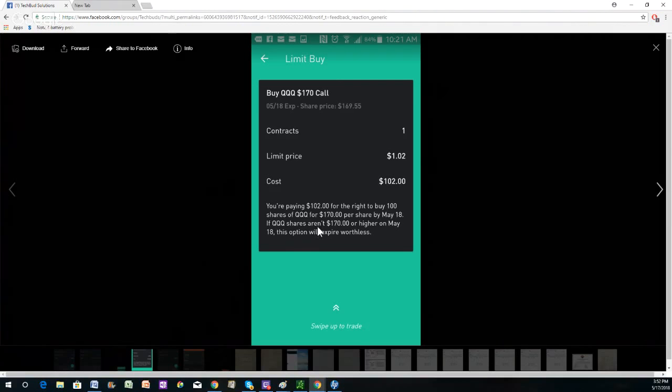However, if the share didn't reach 170 or higher by May 18, which is the end of the market, the market ends in Eastern time at, I believe, 4:30 p.m., and Pacific time would be 1 p.m. By that time, if the stock price did not go to 170, the $102 you put in will be zero. So basically you lose all your money.